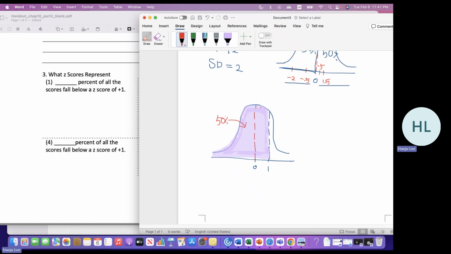That means we only need to know this area. The area between 0 and 1 is 34.13.